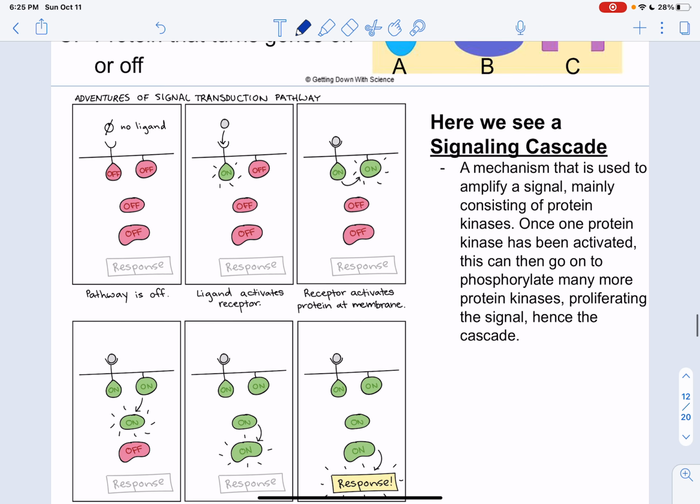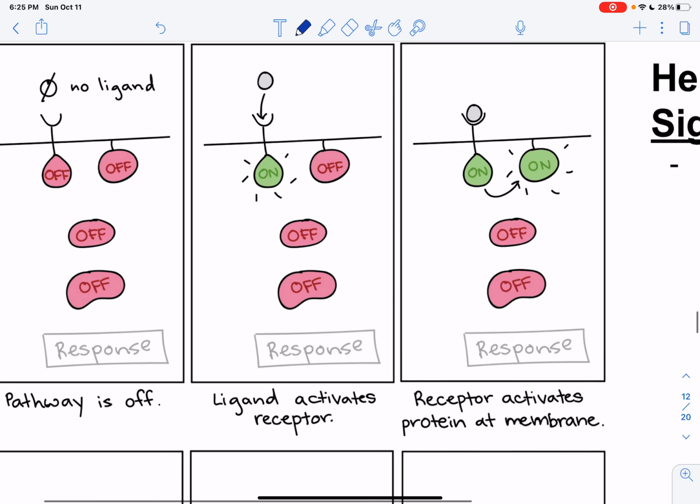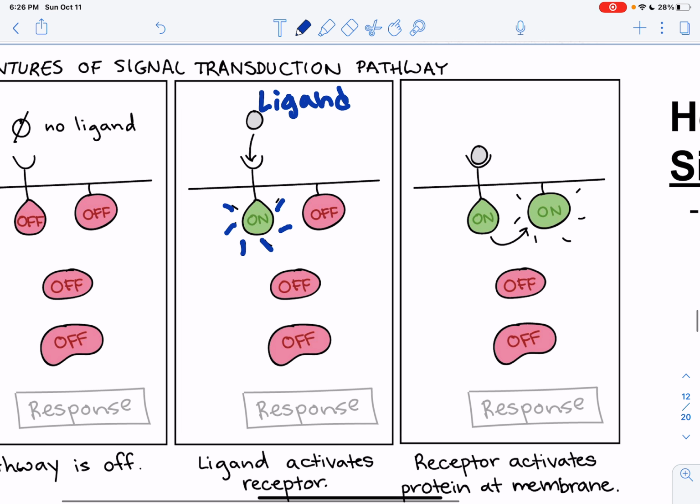And so we're going to talk about how a signaling cascade works, how these messages get across. Let's look at this image right here, number 1. We're going to have a pathway that is completely off. There's no ligand, so therefore the receptor and the protein are off. There's nothing happening. We're going to get a ligand. He is going to attach to the receptor, and he's going to activate the receptor.